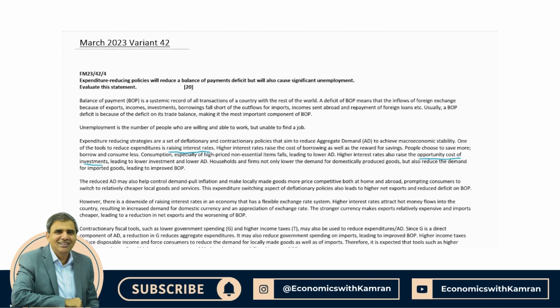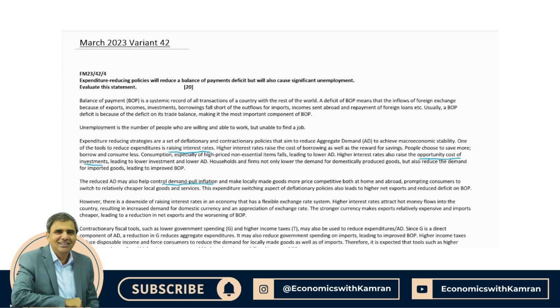However, there is an expenditure switching aspect as well of these deflationary tools, and that is explained in the next paragraph. The reduced AD may help control demand pull inflation. Prices go down. When prices go down, local goods seem relatively cheaper. That prompts consumers to switch expenditure from seemingly expensive imports to relatively cheaper local goods.